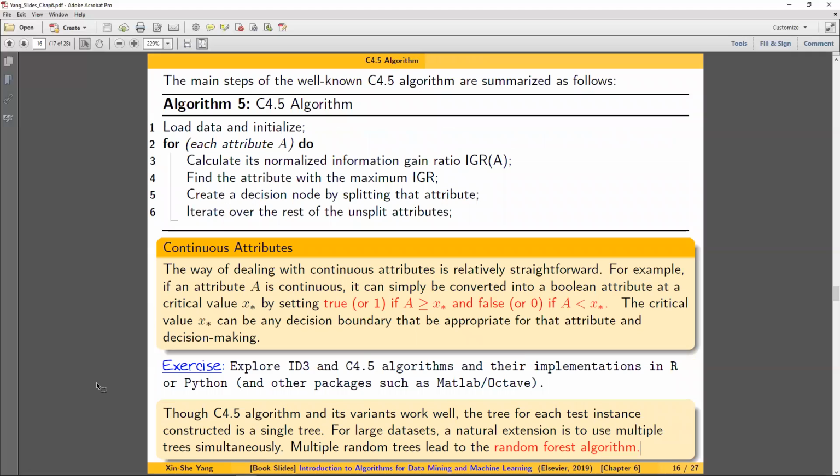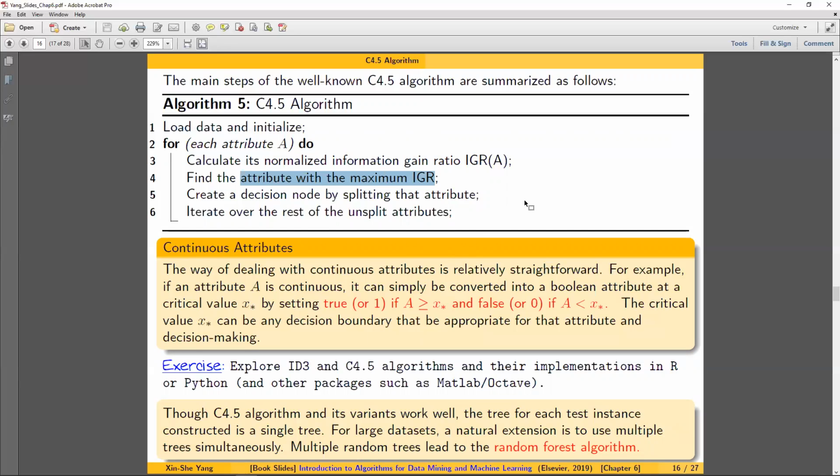So the main steps of C4.5 are similar to ID3, except that it calculates the normalized information gain ratio rather than information gain, and then finds the attribute with maximum IGR and goes from there, continuing to loop through.